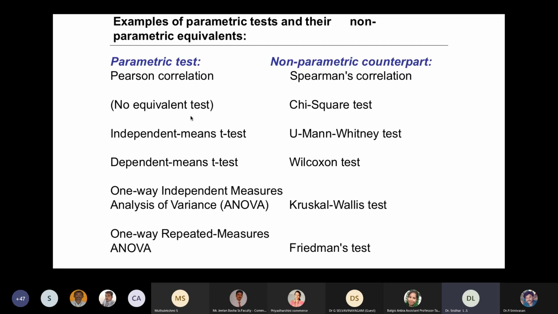So equivalent tests have been developed on both sides because the data is a concern. But the idea gets different, in the sense that mathematically the hypothesis differs. What is proposed in the parametric may not be followed in the non-parametric.